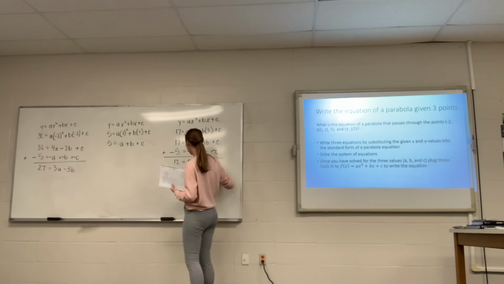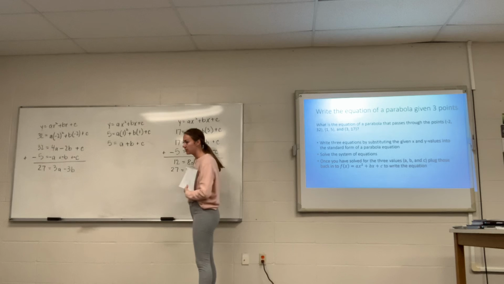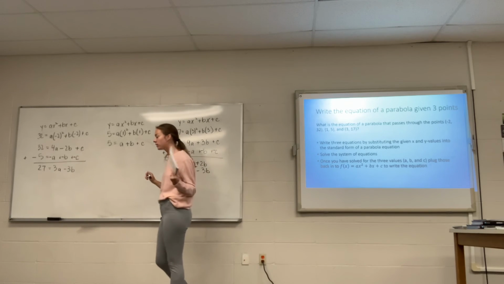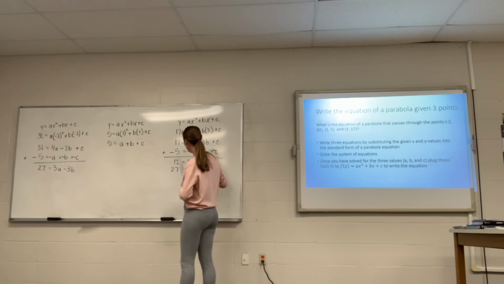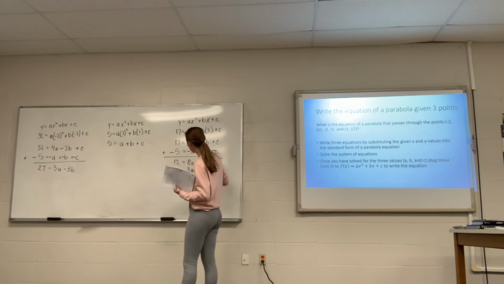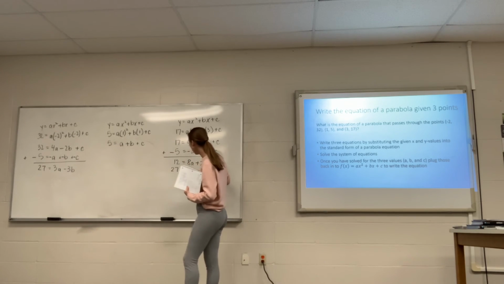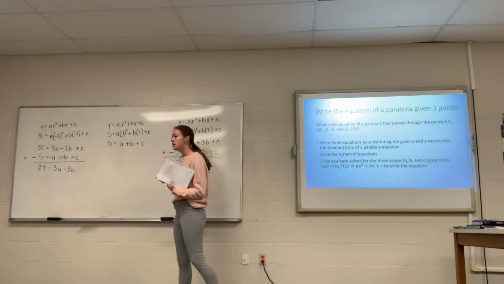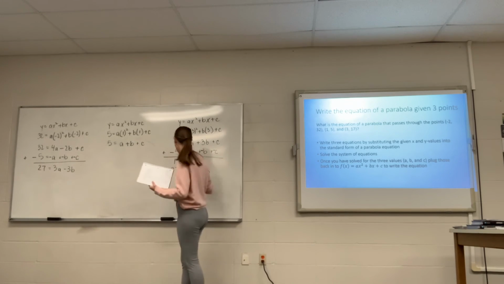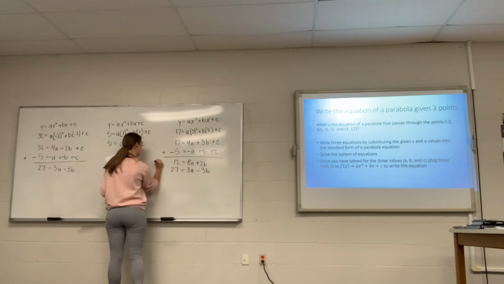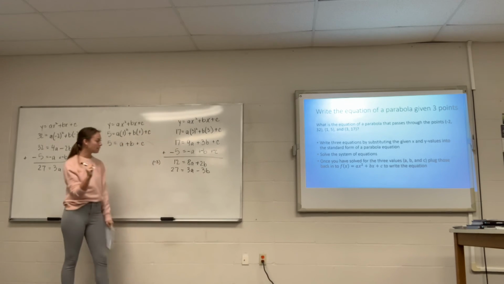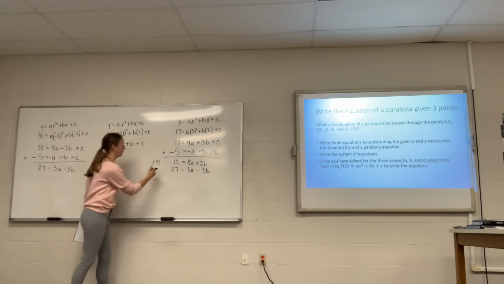Well, looking at this, none of these are nicely going to drop out for us, so we're going to have to multiply. So I think it's going to be easier to do the b, but we have a 2 on the b and a -3 on the other b. So what I want to do is I can multiply my top equation by 3, and then multiply my bottom equation by 2.